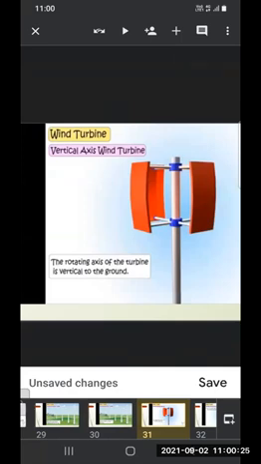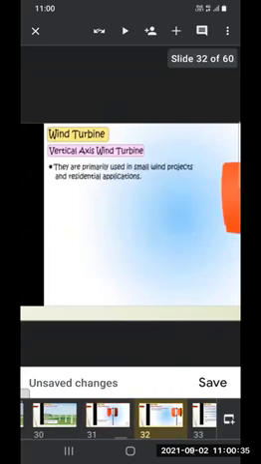We'll see the vertical axis wind turbine. The rotating axis of the turbine is vertical to the ground. They are primarily used in small wind projects and residential applications. Okay, these are the vertical wind turbines. They are used for small wind projects.